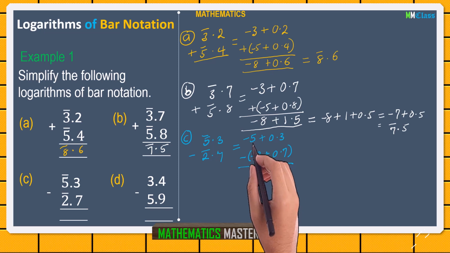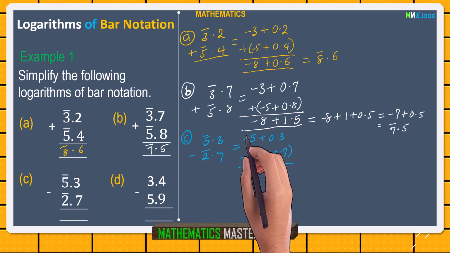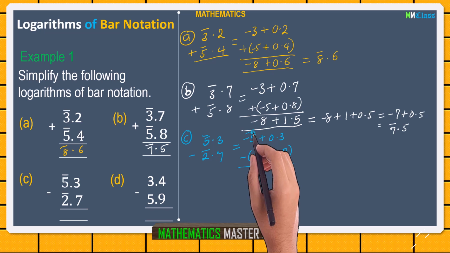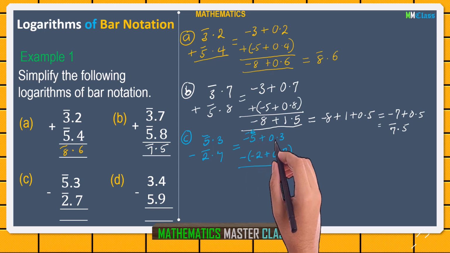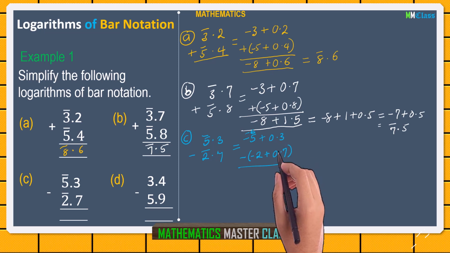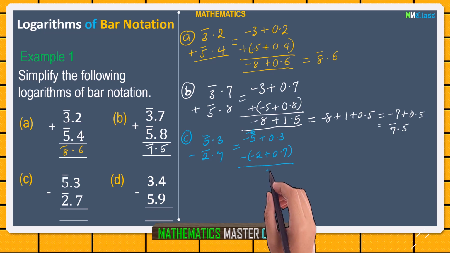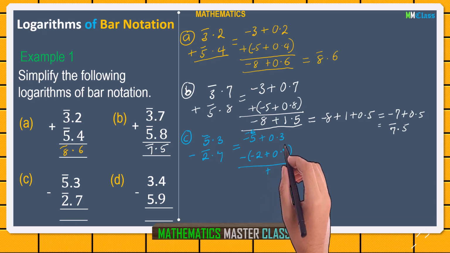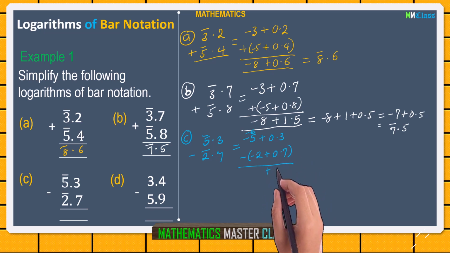So minus 5 minus 1 will give us minus 6 here. So that one, if you add it here, it will become 1.3. So 1.3 minus 0.7 will give us 0.6.